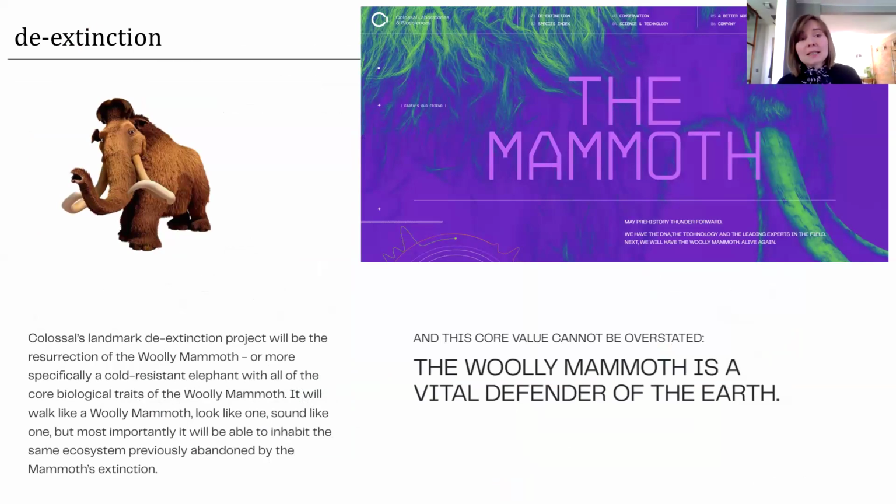Not exactly, maybe. They want to create a cold-resistant elephant with features very, very similar to the woolly mammoth.